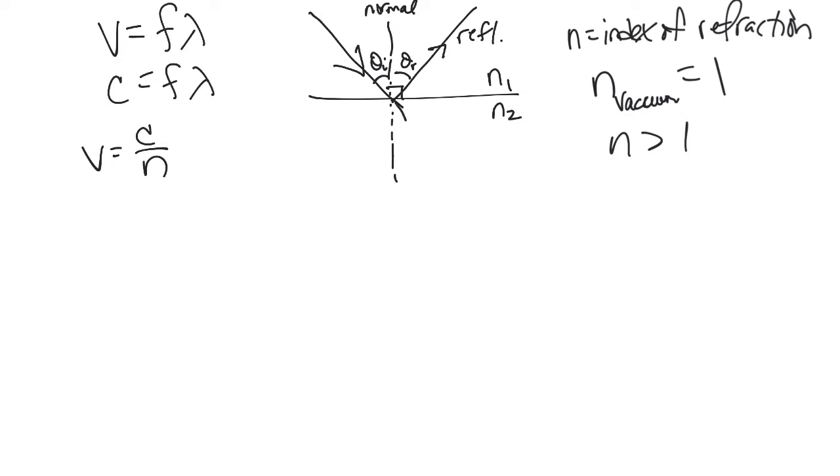If this is a different medium, the speed is going to change because it has a different n. This is called refraction.